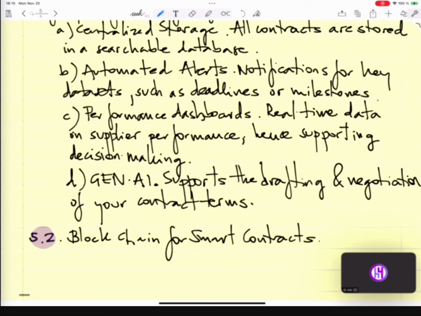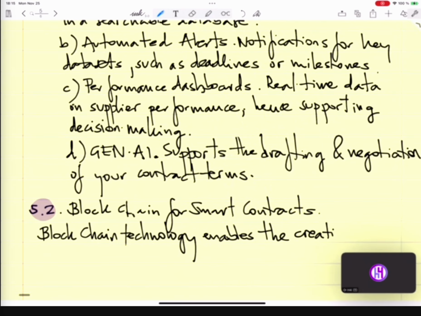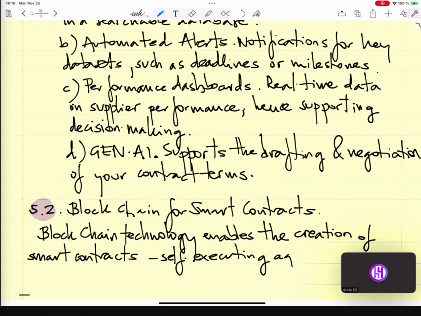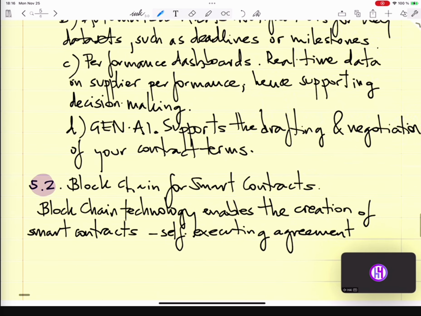Okay, so blockchain technology enables the creation of smart contracts and self-executing agreements where terms are enforced automatically.